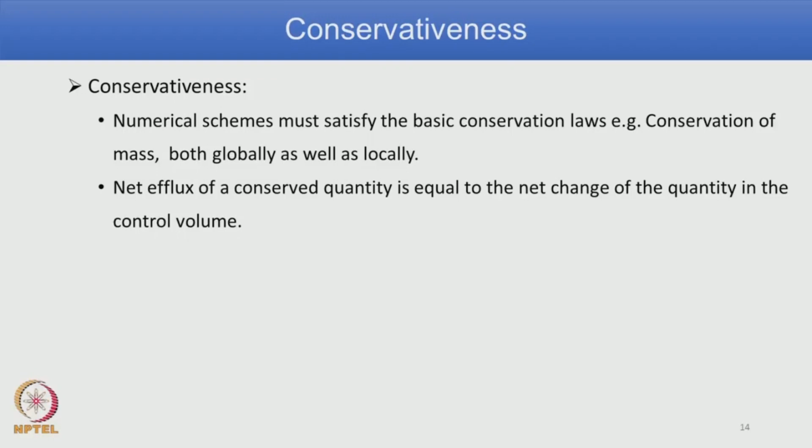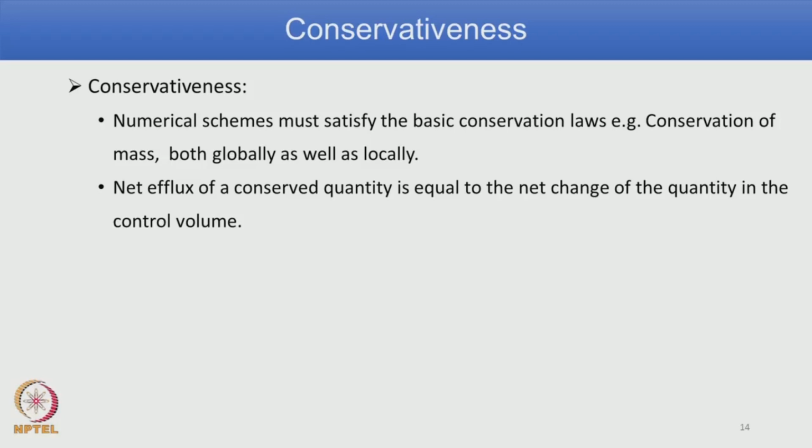So, if you consider the finite volume method, I already mentioned the flux crossing is accounted properly between two adjacent control volumes, and if you sum them together for the entire domain, then conservation is automatically satisfied both locally as well as globally. So, the net efflux of a conserved quantity from one volume is equal to the net change of the quantity in the control volume.